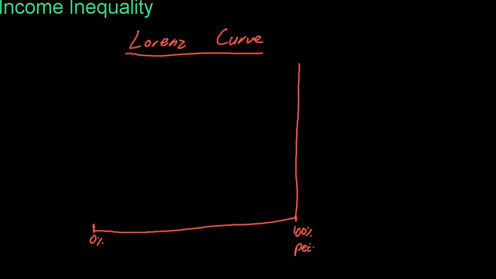So this will be percent of the population on the x-axis, and then on the y-axis we're going to go from 0% up to 100%, and that will be the percent of the total national income. So this is percent of income.